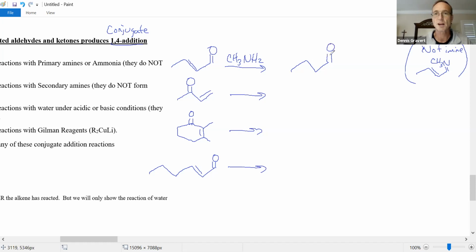So we'll just go right to the product. Atom 1, 2, 3, and 4. On carbon 4, the far end of the alkene, that's where you attach the nitrogen. There used to be a double bond here. It's gone now. And right here is where we link the nitrogen.